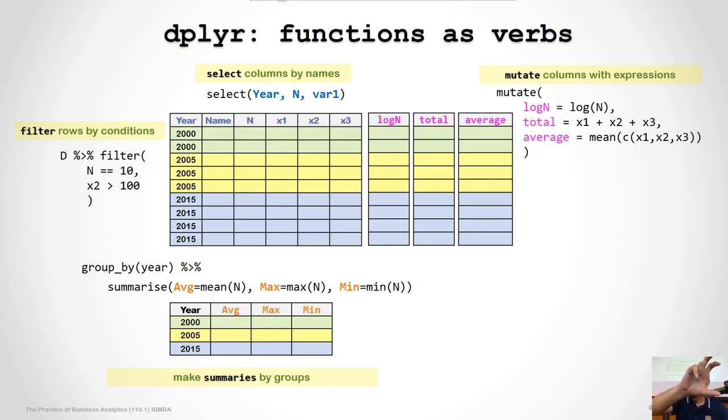Unlike mutate, after you do a mutate, every new column is of the same length as the original data frame. But for group by summary, you actually shorten the data frame. So you get the point. These are the four basic verbs. Actually quite intuitive, isn't it? You just need time to get used to it.